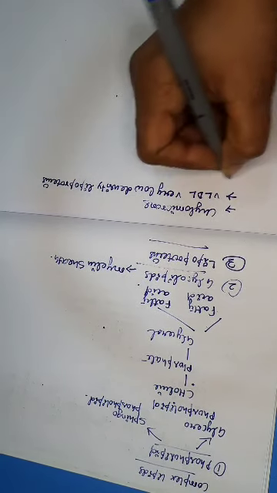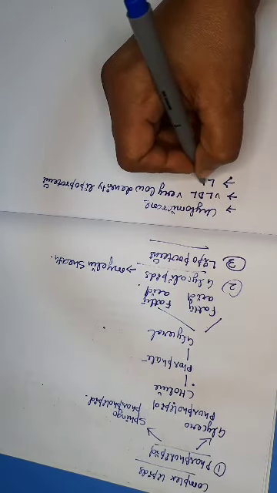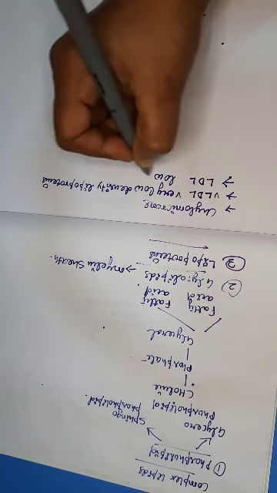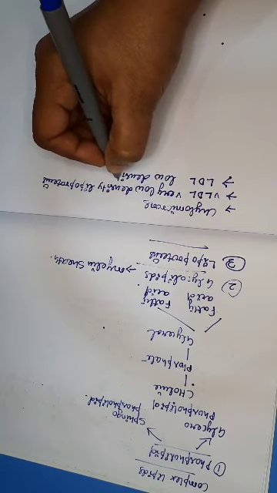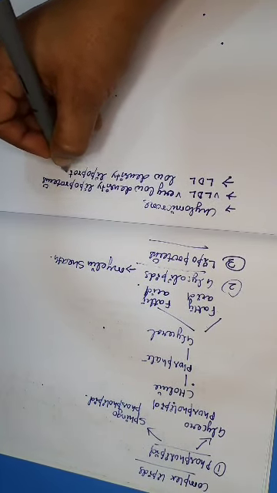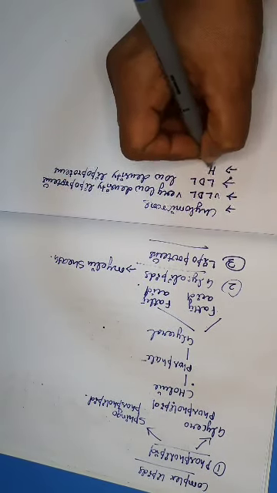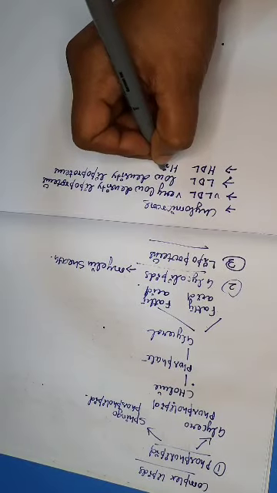They are the second category. The third one is low density lipoproteins, LDL. The fourth category is HDL, high density lipoproteins.